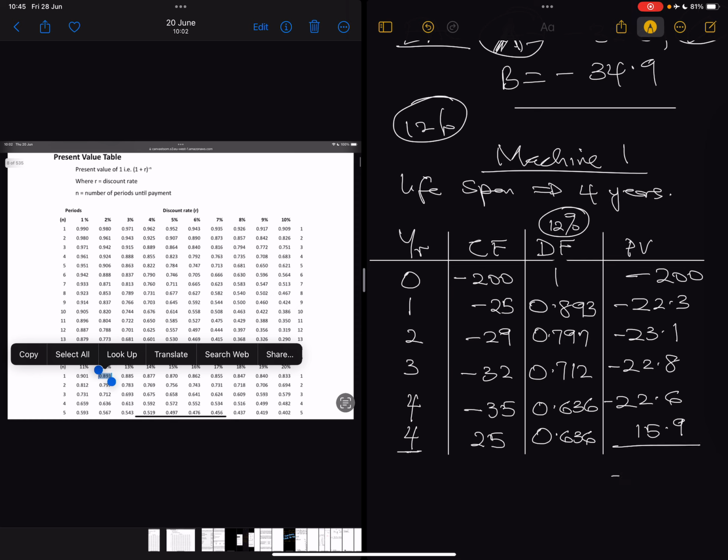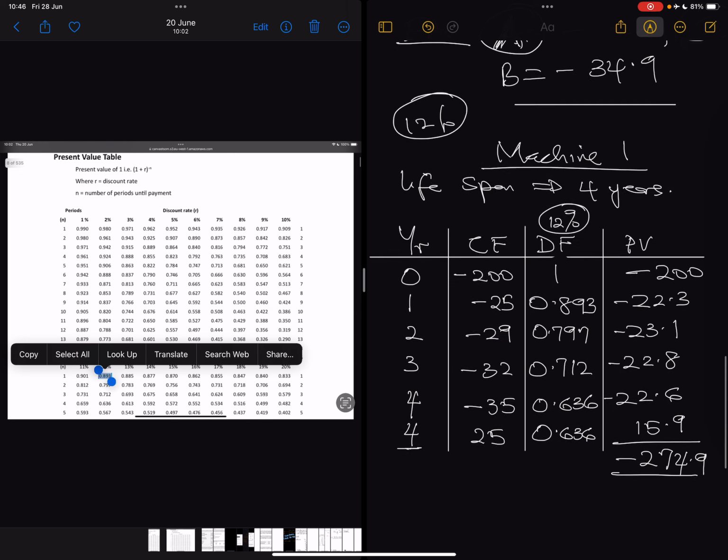So what is our NPV? We add all of that together: 200 plus 22.3 plus 23.1 plus 22.8 plus 22.6 minus 15.9. So that's negative 274.9. So that is the NPV, which is negative because it's cost.